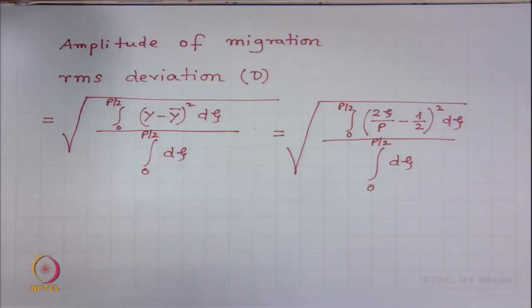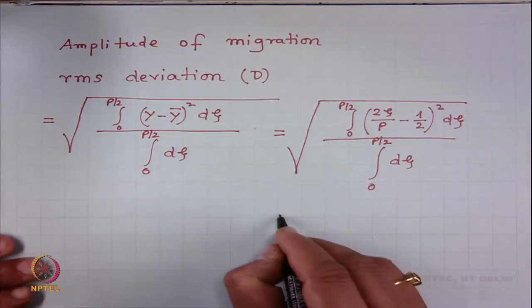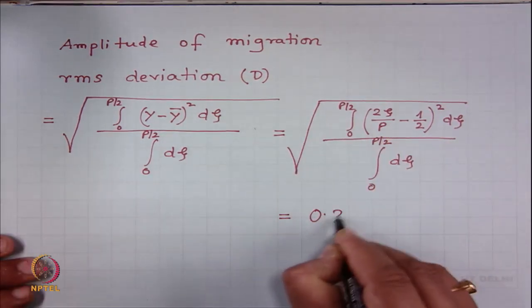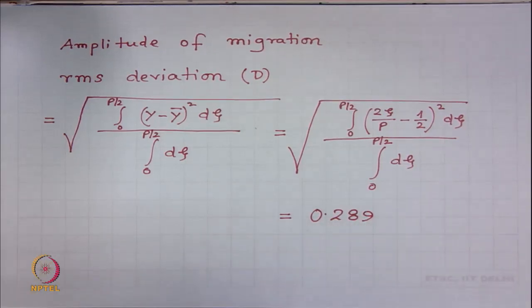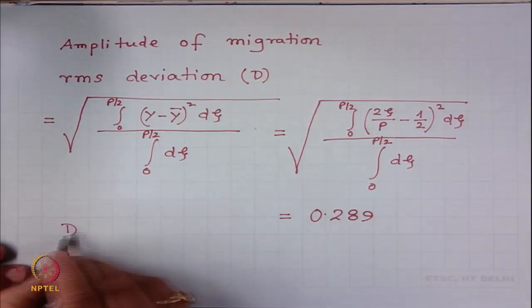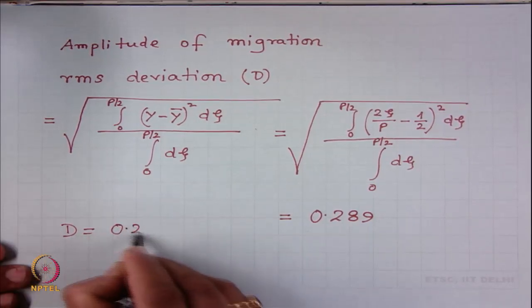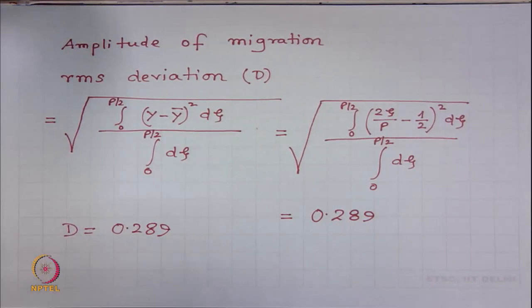So, if you integrate this, you will get this value. D is equal to 0.289 in case of this. That is amplitude of migration.